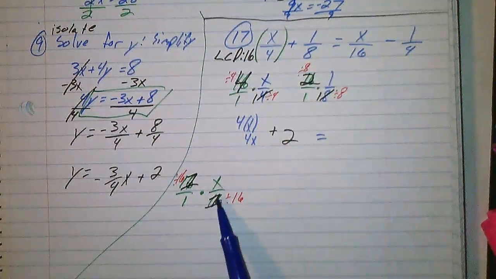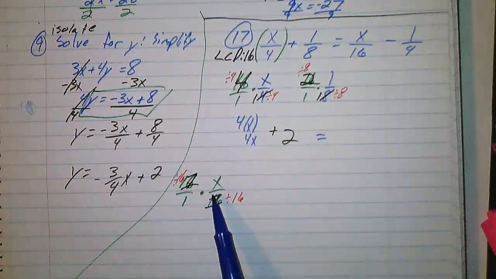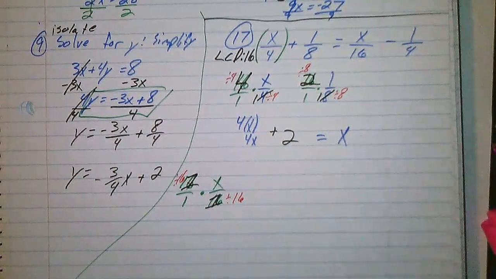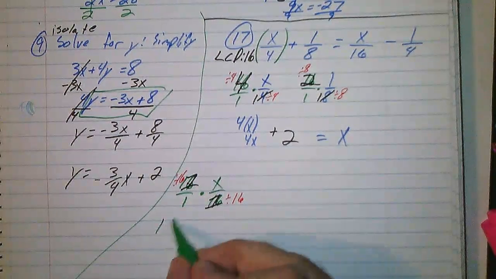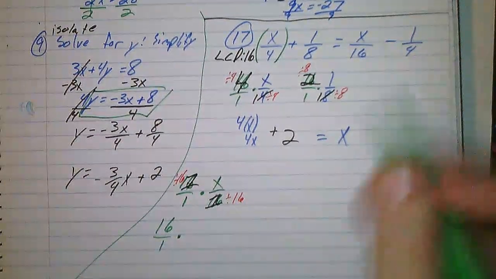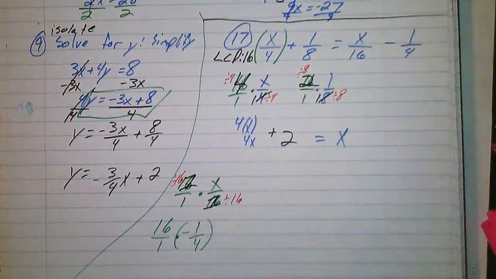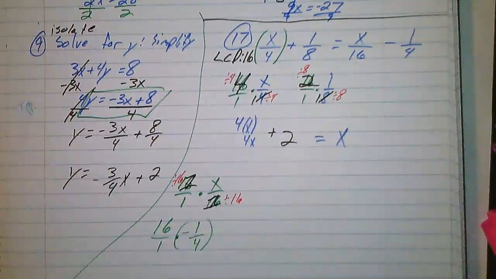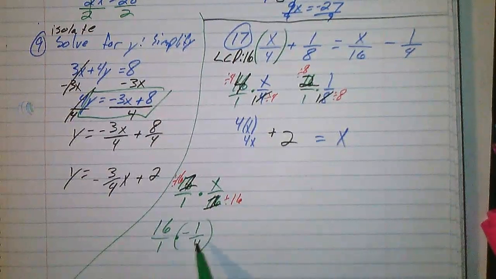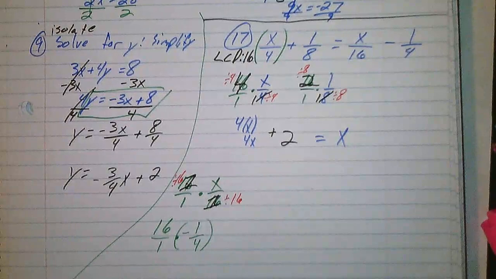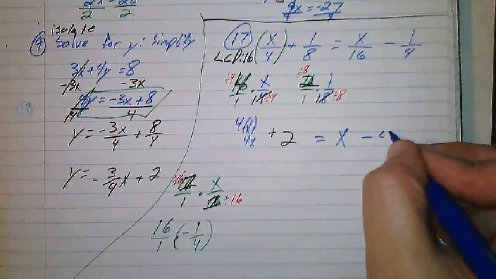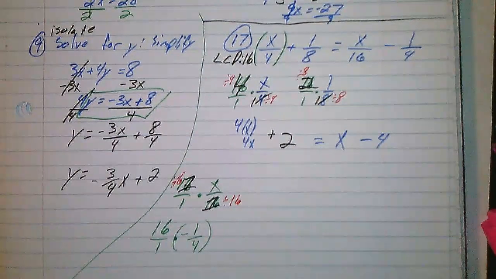X over 16 times 16 is really just 1 times x, or x. And then finally, we take our LCD of 16 and multiply it to a negative 1/4. If there's no variable, you can just put this in the calculator, but this is like 16 divided by negative 4 to get a negative 4. And so this is our equation that we can solve.